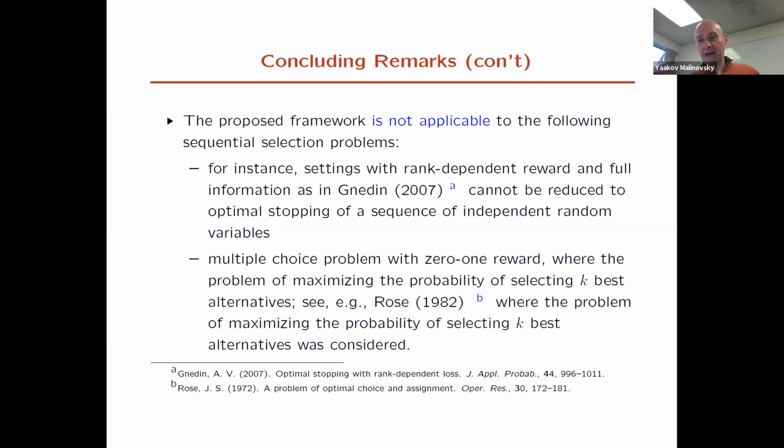It's correct, but remember, it depends: if you try to solve the full information problem, where your observations are x1, x2, and so on, in order to apply Derman-Lieberman-Ross or our modification of Derman-Lieberman-Ross, to find these cutoff points in intervals, you need to know the distribution.